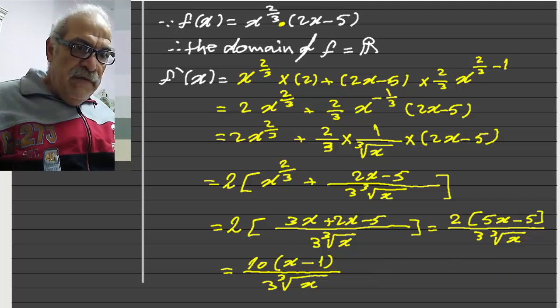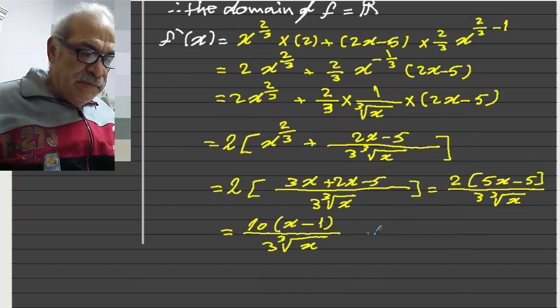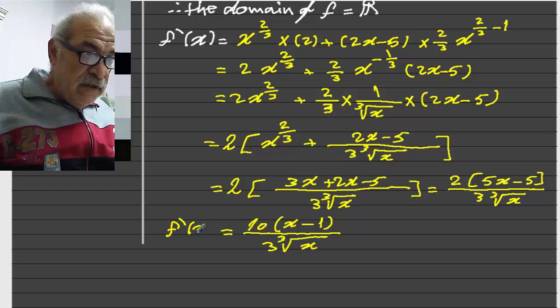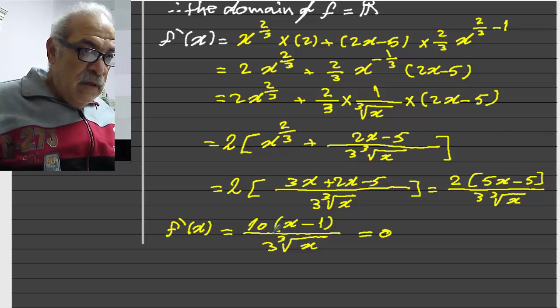Now putting f dash of x equals 0, don't forget f dash of x equals 0, we deduce x equals 1.